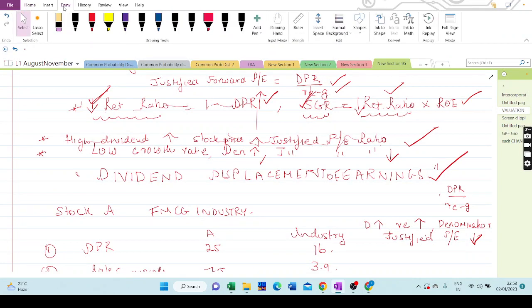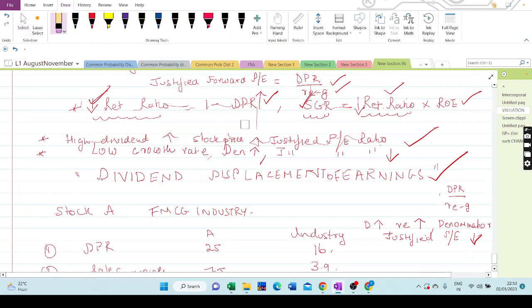No, it basically means that it's not expanding or not investing in future projects. That does not necessarily mean that if the retention ratio is low, the company is taking more debt.